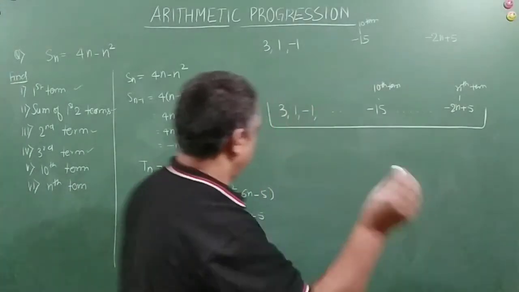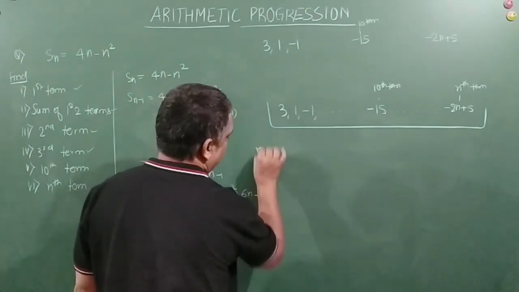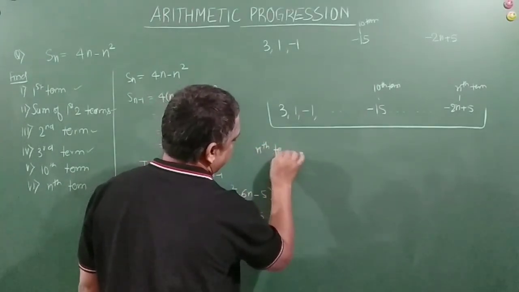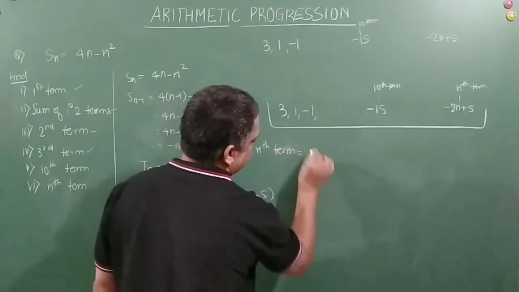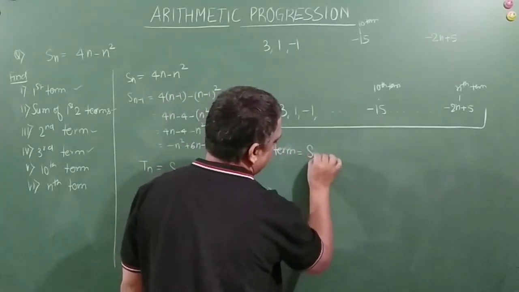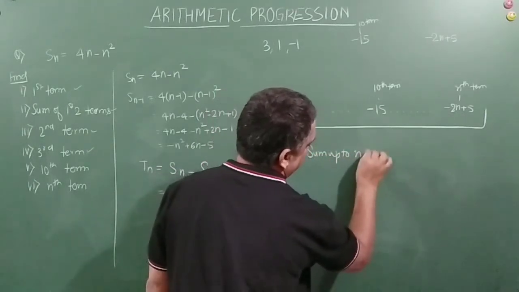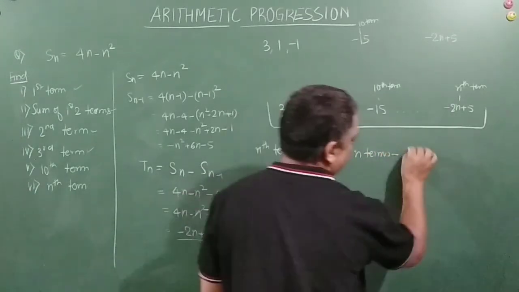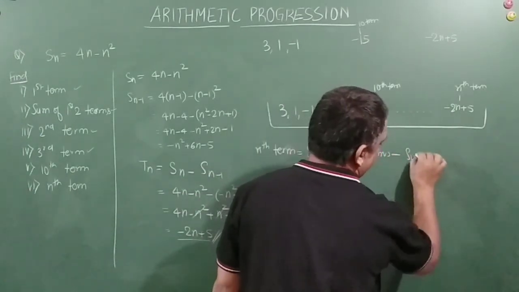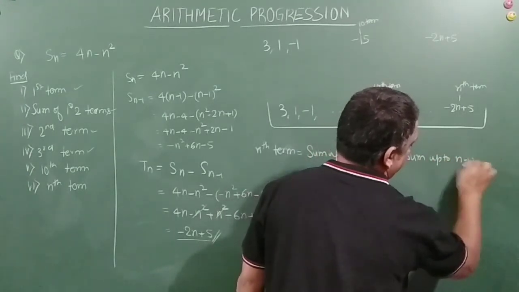Okay. So, for the benefit of everybody, let me just write it. Nth term is equal to sum up to n terms minus sum up to n minus 1 term.